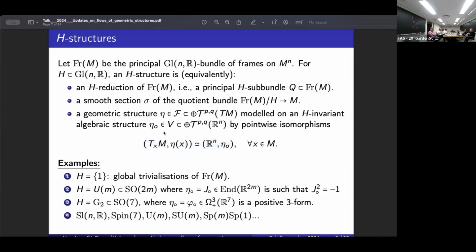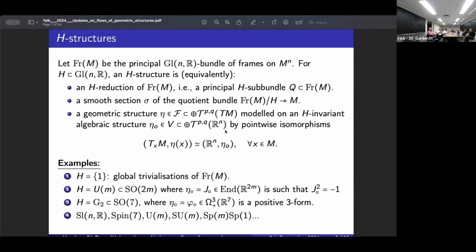You can already think in flat space, like a complex structure. If you have R^2N, the basic example, and you think of it as C^N, then the group-theoretic way of saying it is that you pick out this U(N) subgroup in SO(2N). You're only going to preserve that special subgroup, and that's the H.